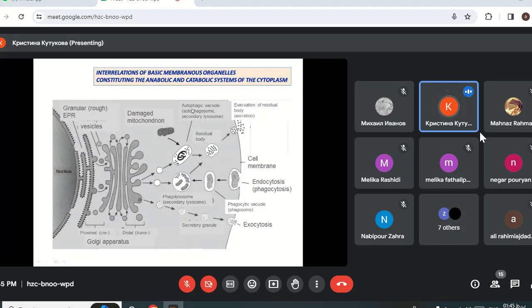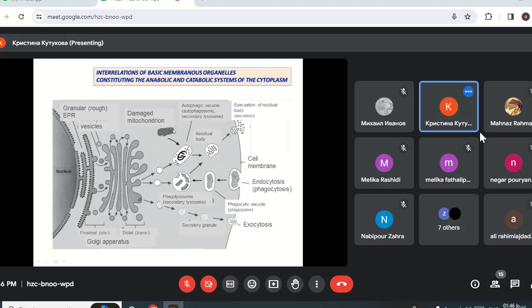Auto means itself, so it means that the cell breaks down its self organelle, not something from outside, but its own damaged organelles. Phagic means the same as for phagocytosis.